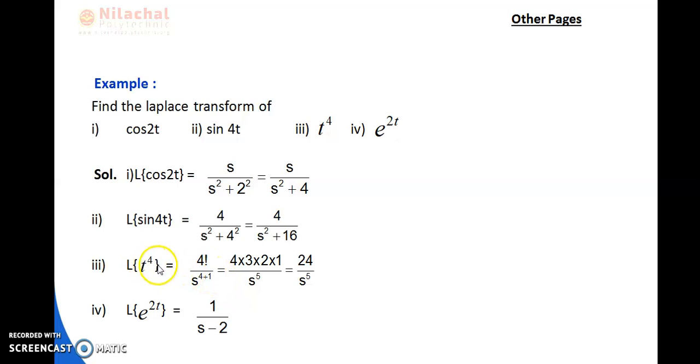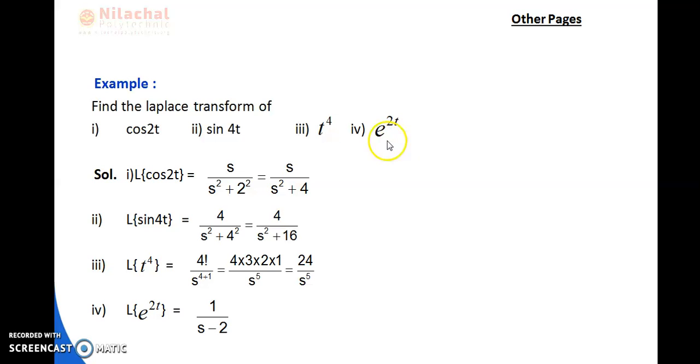So here n is 4, that equals 4 factorial by s to the power 4 plus 1. 4 factorial can be obtained using this sequence: 4 into 3 into 2 into 1, divided by s to the power 4 plus 1 is 5, that equals 4 into 3 into 2 into 1, that is 24 by s to the power 5. So like this you can obtain the Laplace of any power of t by using this formula, n factorial by s to the power n plus 1.